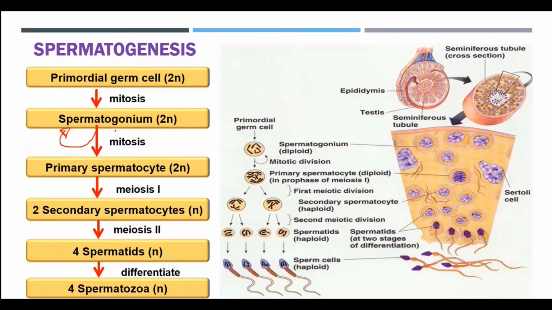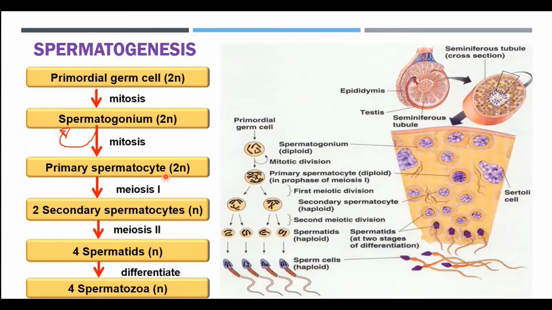One cell becomes the spermatogonium again. Meanwhile, the other cell from mitosis is called the primary spermatocyte. You must understand that the primary spermatocyte is still diploid. Why? Because this is only mitosis, and mitosis does not change the ploidy. So if the spermatogonium is diploid, the primary spermatocyte is also diploid.